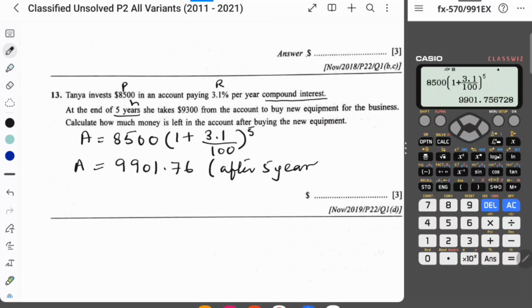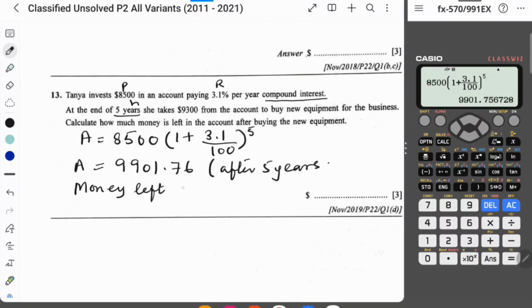Now at the end of 5 years, she takes 9,300 from the account to buy the new equipment. So the money left after spending, this is a 3-mark question, so we'll have to explain everything.